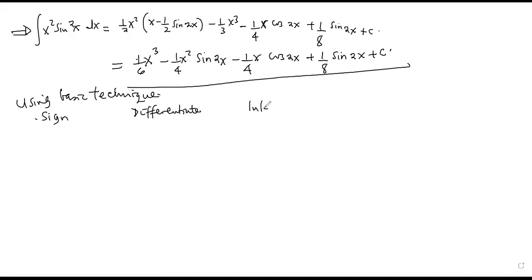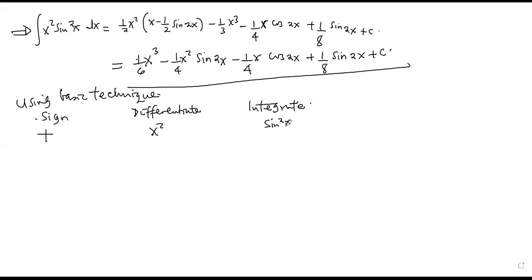I'm entertaining any question later. So the sign, we shall begin with the positive. The function which is easily differentiated is x squared. The one which is easily integrated is sine squared. So we shall begin.